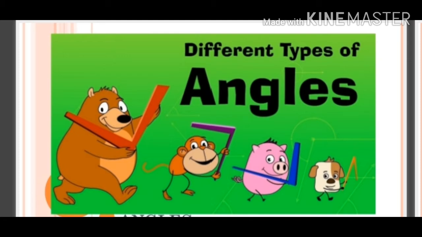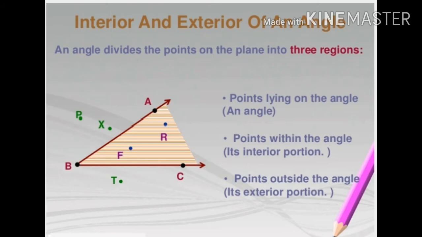But before the discussion of these different types of angles, we must know what are interior and exterior points of angles. An angle divides the points on the plane into three regions. Here you can see the points lying within the angle, that is F and R, are interior points.